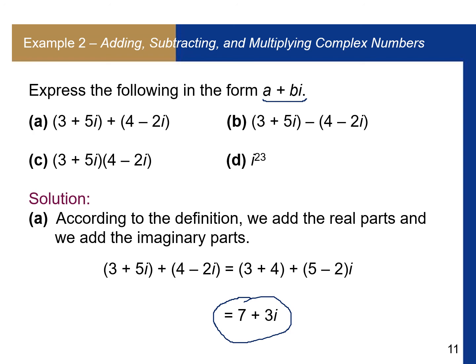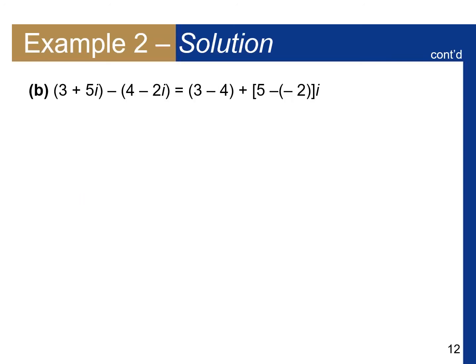Now in B, when we go to the second one, we're going to notice that we have to distribute this negative through first. Once I distribute through the negative, I then am going to rearrange it, and my real part is 3 minus 4.